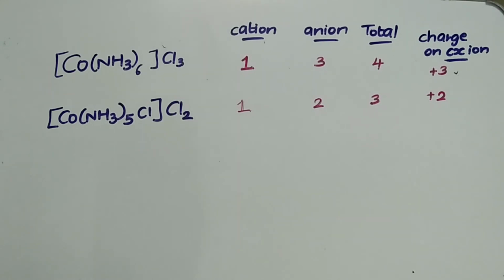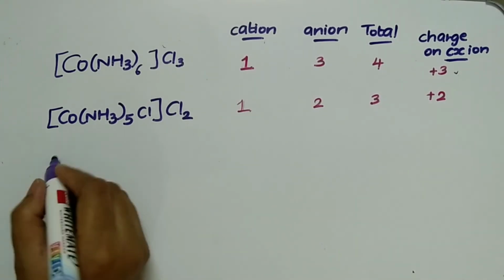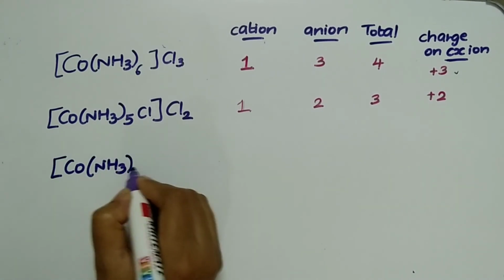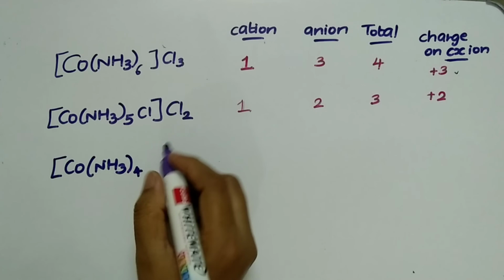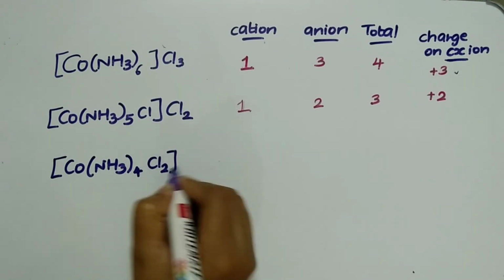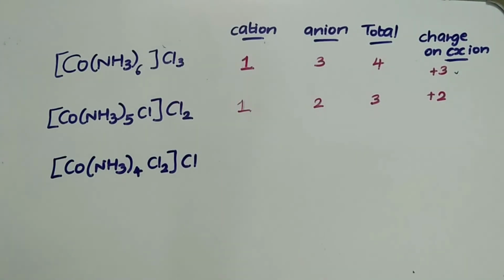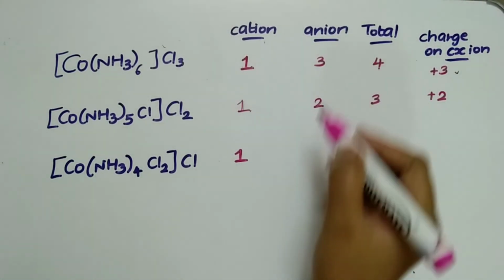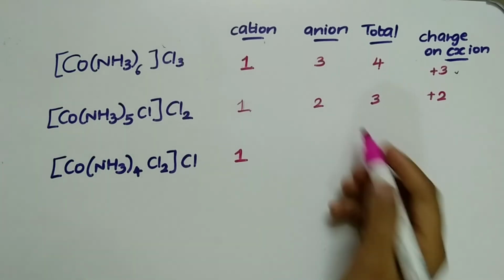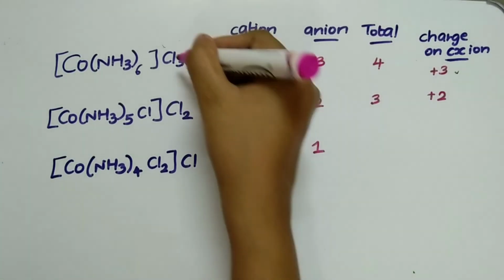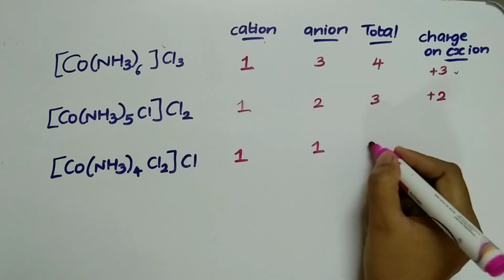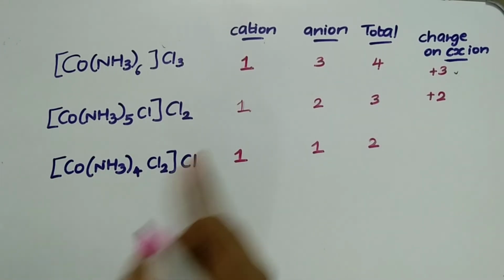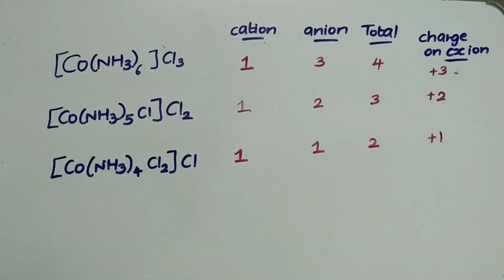Third complex, Co(NH3)4Cl2, Cl. So, how many cations are there? The entire entity 1. How many anions are there? 1 again. Anion means what is written outside the square bracket. Total 2, right? And charge, how many are there? Only 1. So, charge is plus 1.